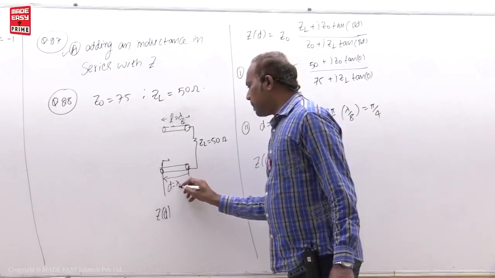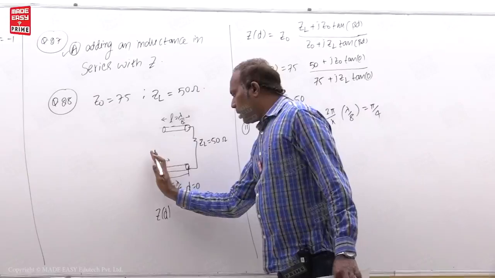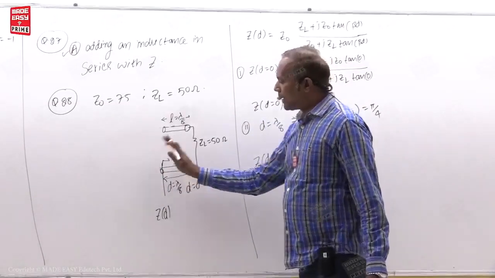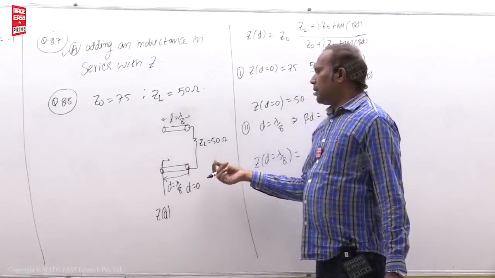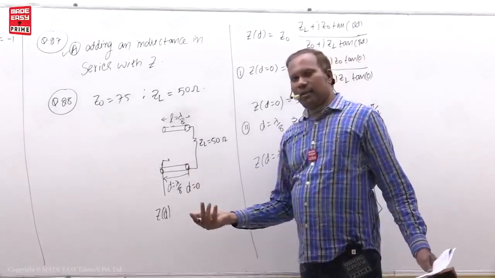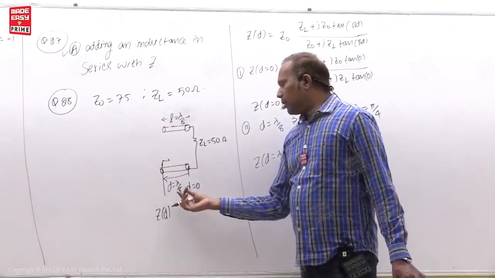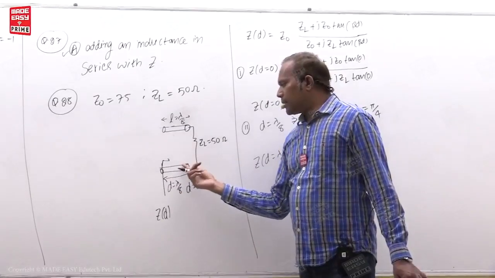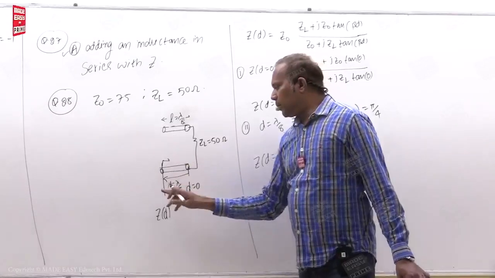So put D is equal to lambda by 8, total length. He is asking for the input impedance at the other end. Once again, D equal to 0 means at the load, where the length of the transmission line is 0. Then the length is increased; I have taken lambda by 8. Then what is the impedance locus at the other end? Here the other end means input only.